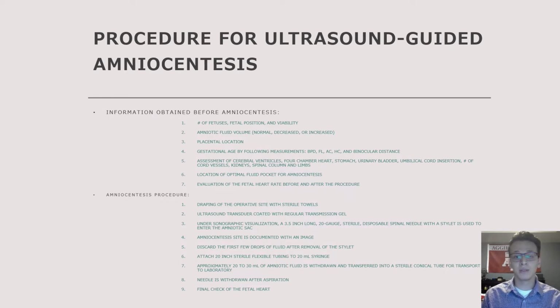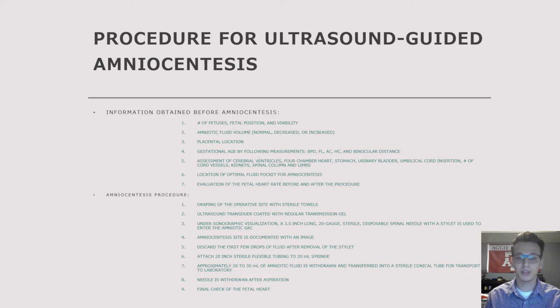So now the procedure for ultrasound-guided amniocentesis. Before we even start the protocol, these are the things that we need to do beforehand. We need to find the number of fetuses, the fetal position, and the fetal viability. We also need to determine the amniotic fluid volume, if it's normal, decreased, or increased. We need to determine placental location. We need to assess the gestational age by the following measurements: BPD, FL or femur length, abdominal circumference (AC), head circumference (HC), and binocular distance.